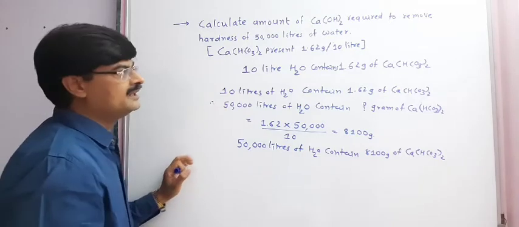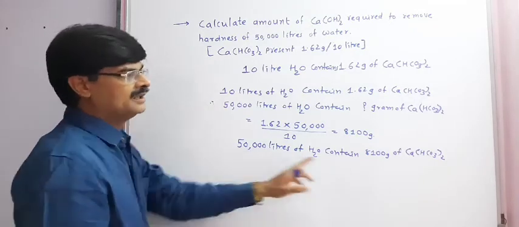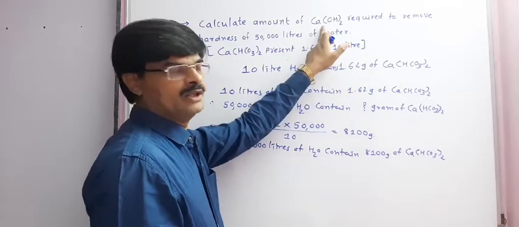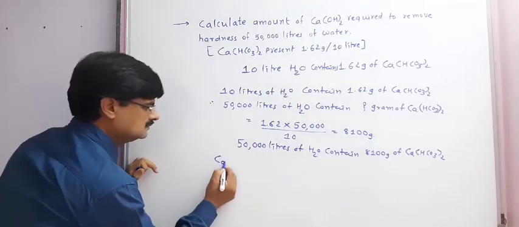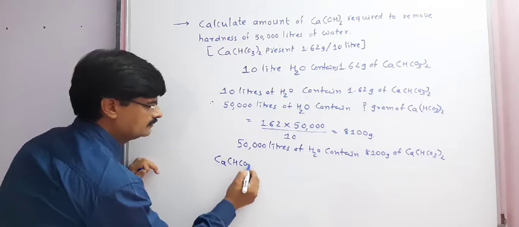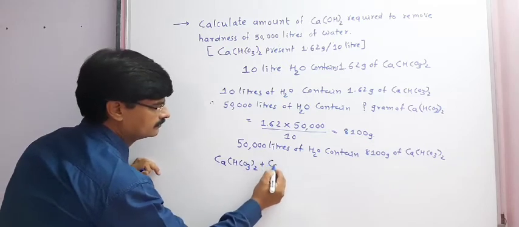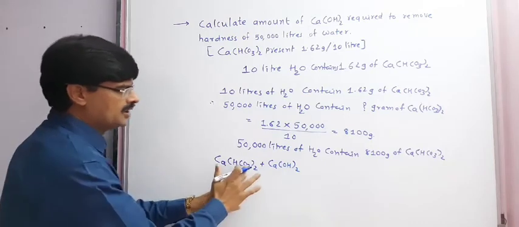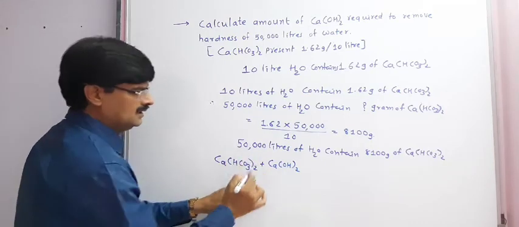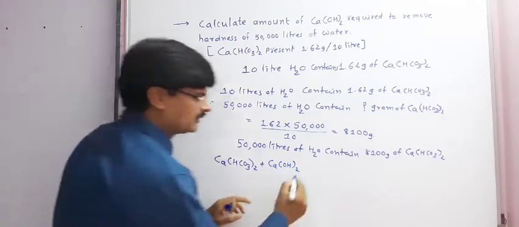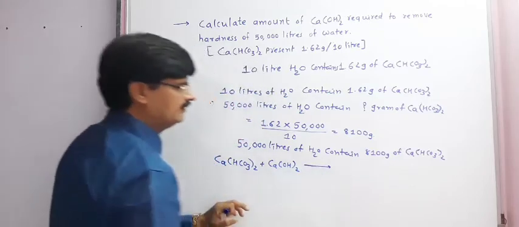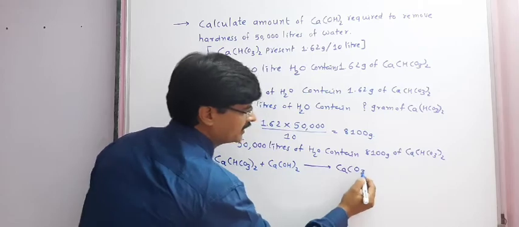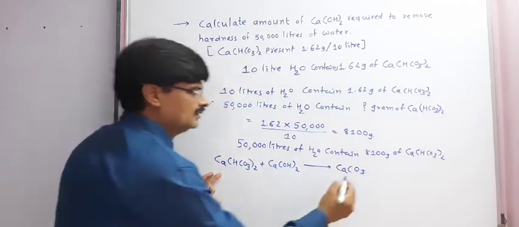Now we will understand the reaction that takes place between calcium hydrogen carbonate and calcium hydroxide. Calcium hydrogen carbonate plus calcium hydroxide will give CaCO3, calcium carbonate plus water.